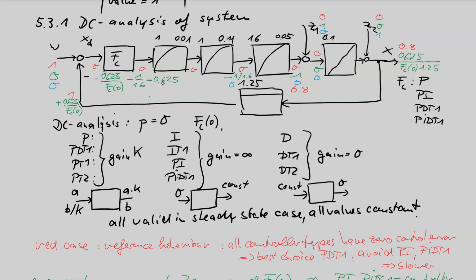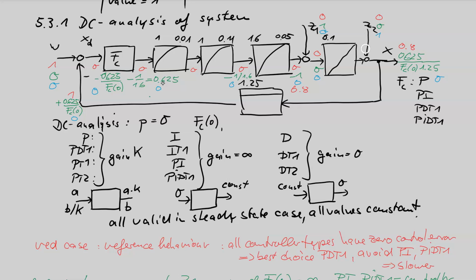So we can say the output of the controller is 0, and that means the input of the controller is 0, independent of the type of the controller. The output of the sensor is 0, and that means the input of the sensor, which is the control value in the blue case, is 0.